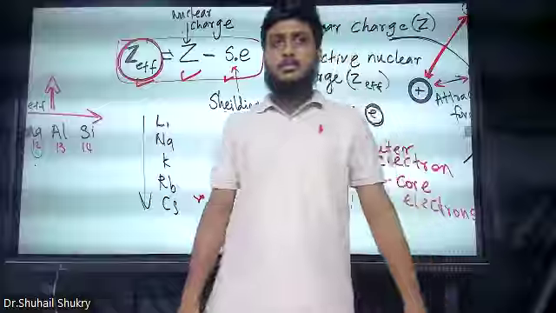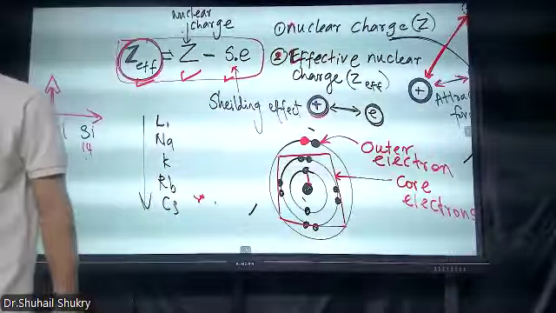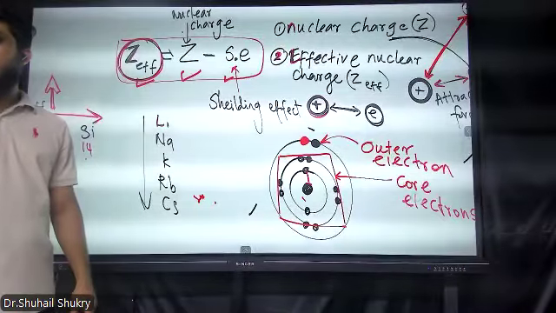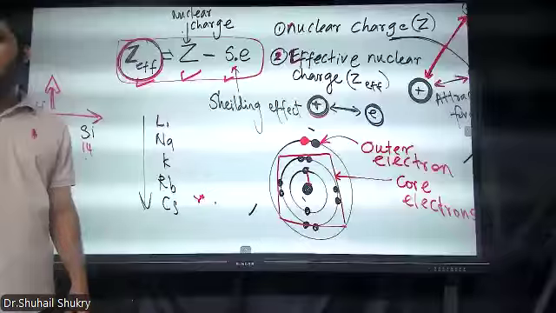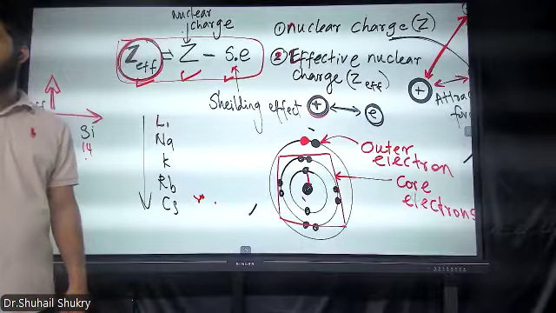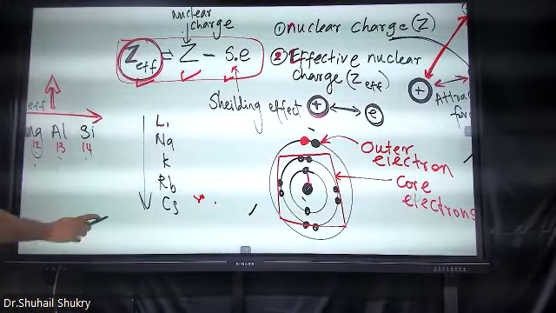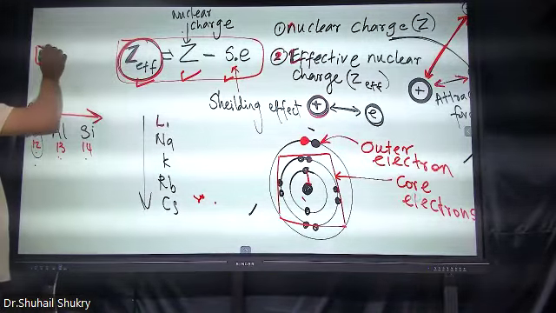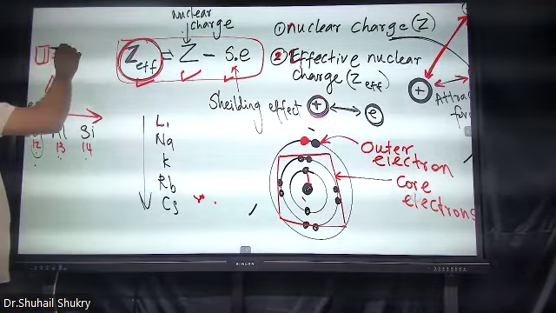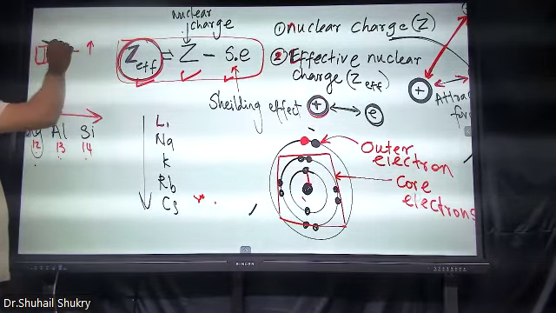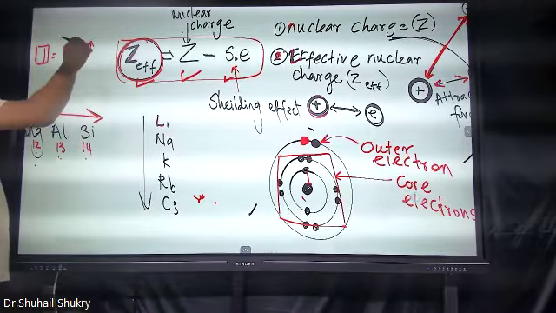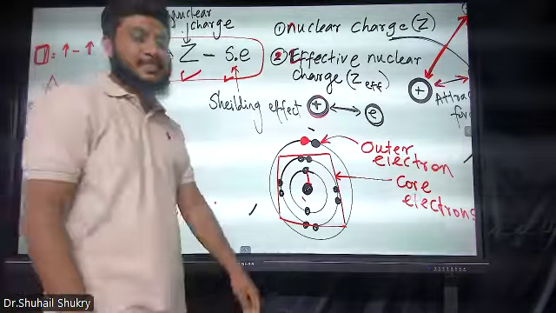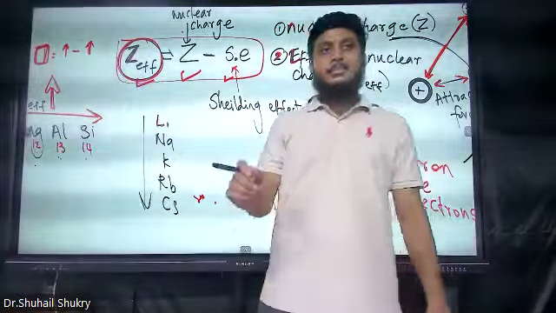Shielding effect also will increase. So what will happen to effective nuclear charge? It is nuclear charge minus shielding effect. This value is increasing, and this value is also increasing. Means what will happen to this value? Almost it is constant.